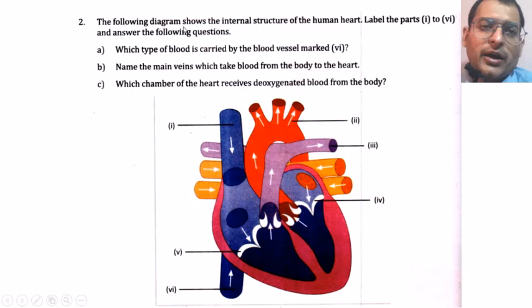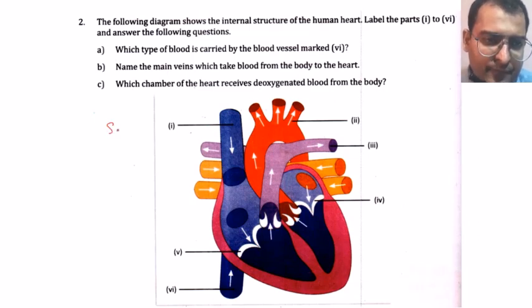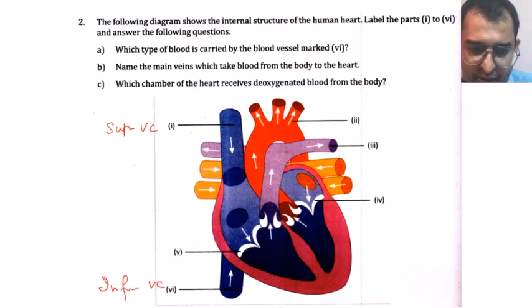In the following diagram showing the internal structures of the heart, we have to label and show what these things are. Okay, this is the superior vena cava. The number 6 is the inferior vena cava. Okay, this is the tricuspid valve.